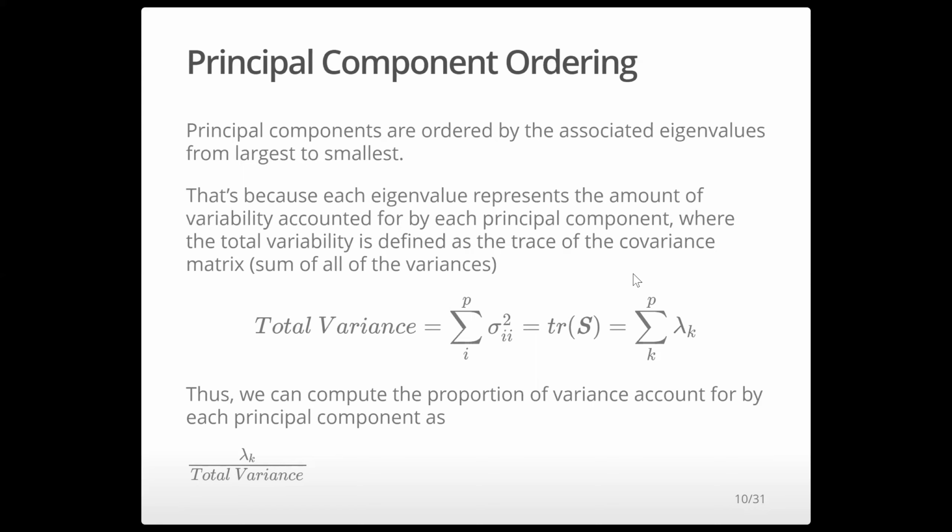And so that gives us a nice straightforward computation where we take the eigenvalue and divide it by the total variance, and that gives us the proportion of variability accounted for by that principal component. So the eigenvalue associated with the kth principal component divided by the total variance is the amount of variance accounted for by that eigenvalue.